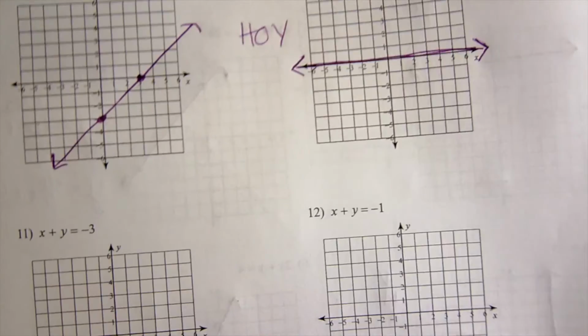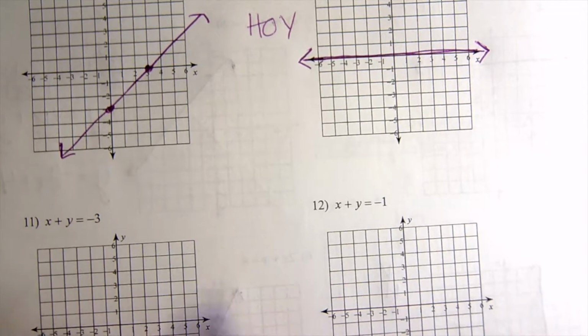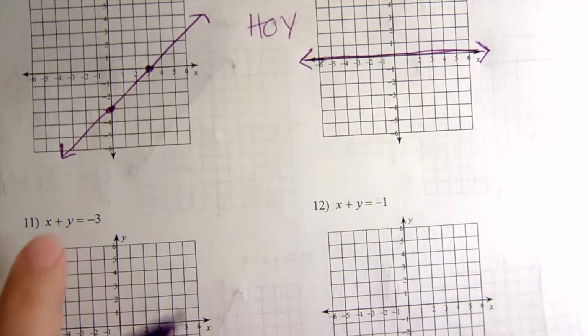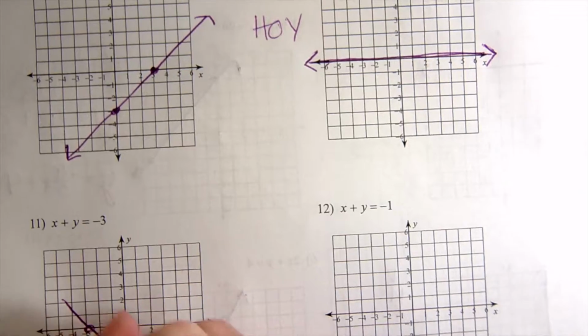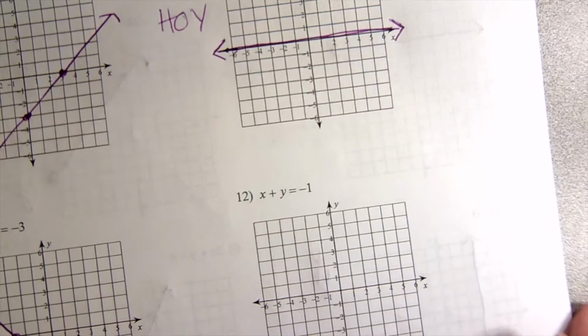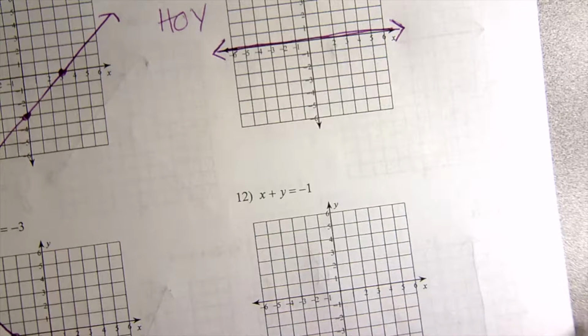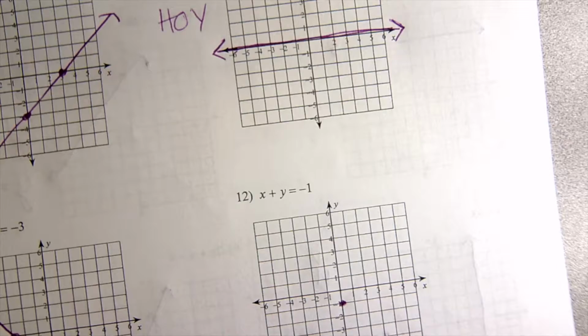Number 11, what was the y-intercept? Negative 3. What is the x-intercept? Negative 3. Number 12, what was the y-intercept? Negative 1. What is the x-intercept? Negative 1.